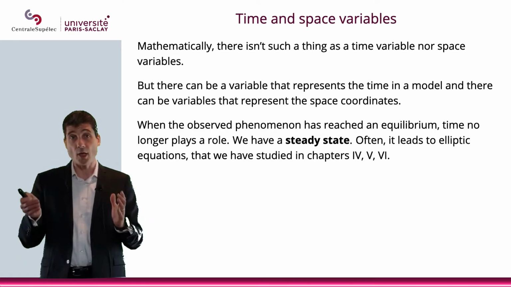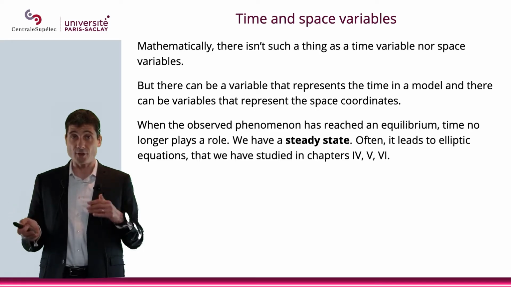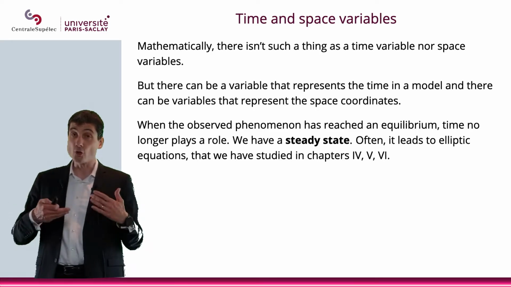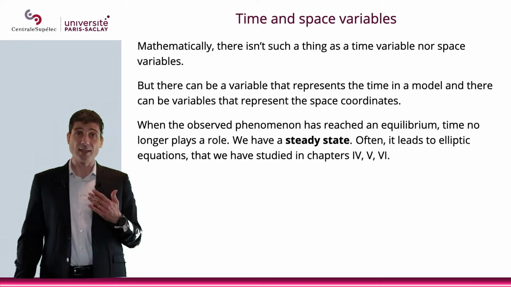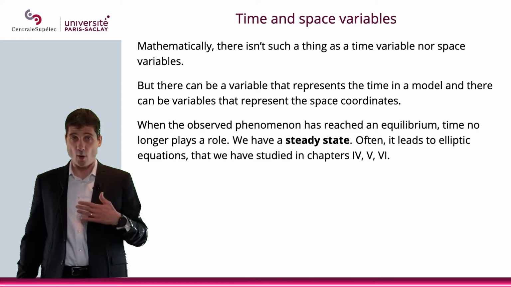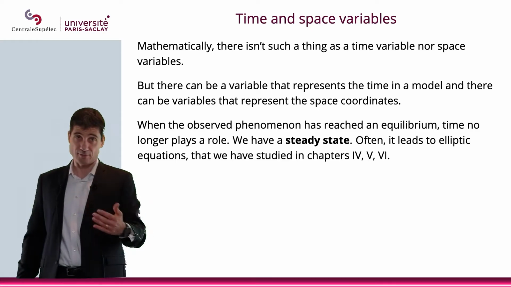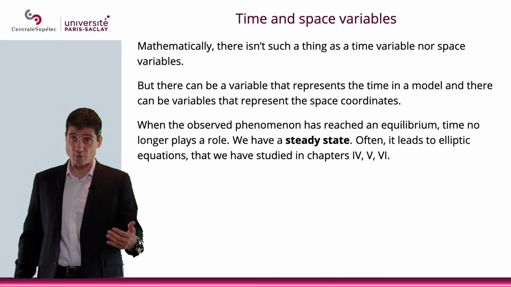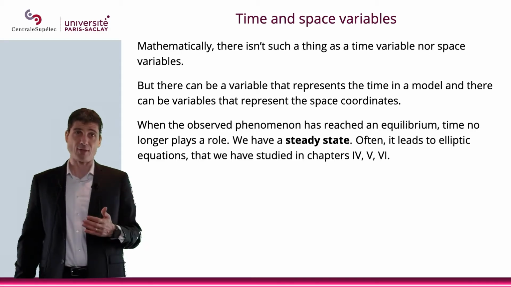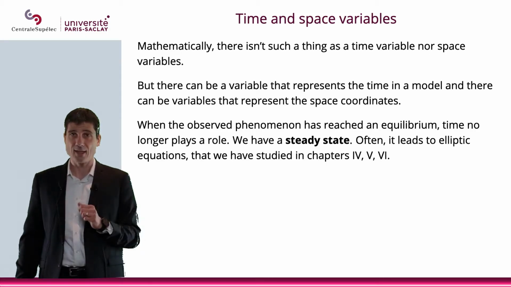And so, as you know, we will have what we call the steady state, which often leads to an elliptic equation. Again, this is what we've studied in the previous chapters, more specifically chapters 4, 5, and 6.